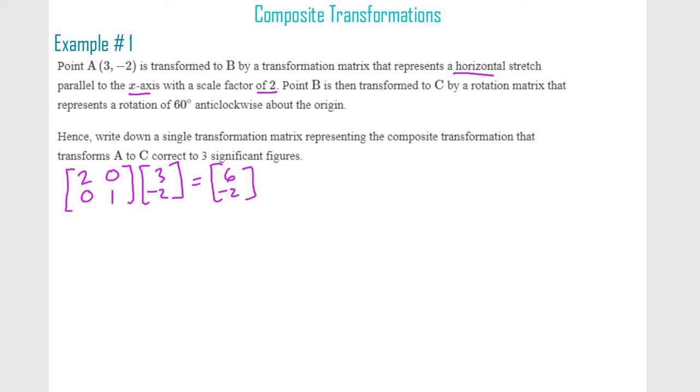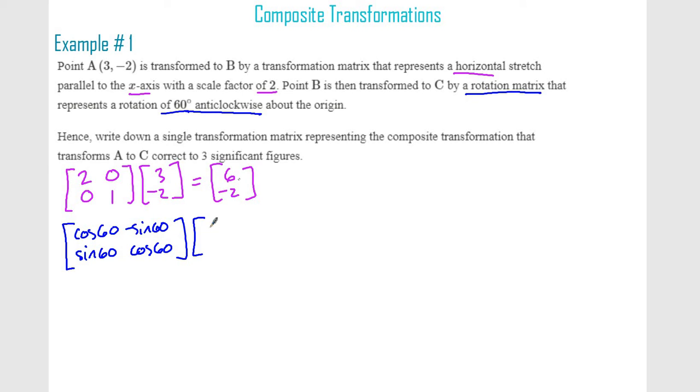All right, then point B is transformed to C by a rotation by 60 degrees anti-clockwise. For the rotation, we need to multiply by cosine 60, negative sine 60, then sine 60, and cosine 60. And we're multiplying it by that last matrix, the new B. So we multiply this out.